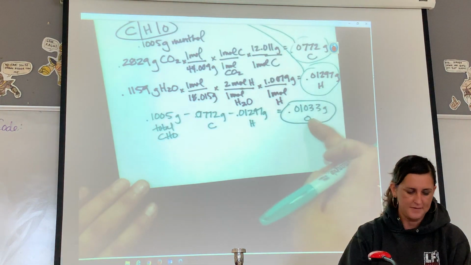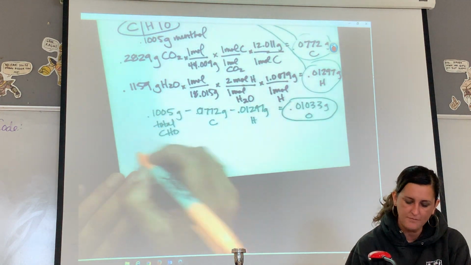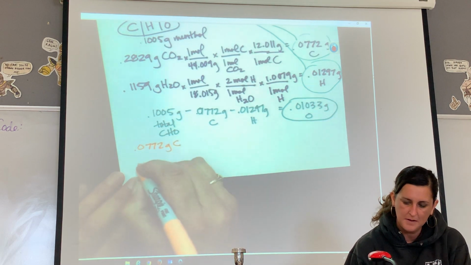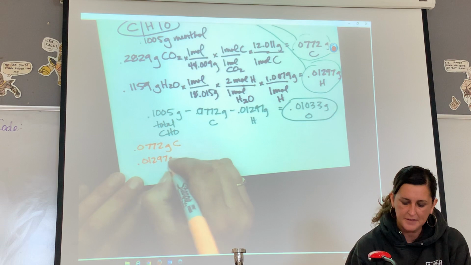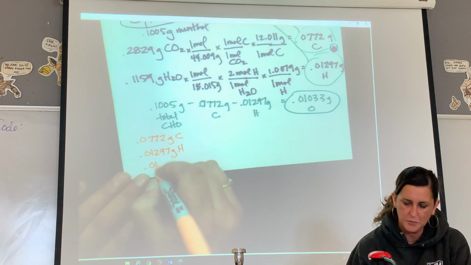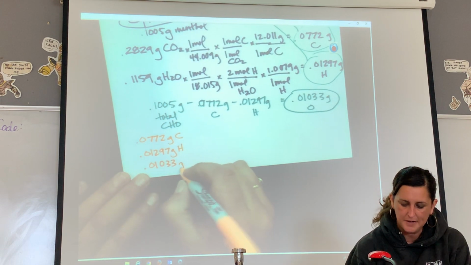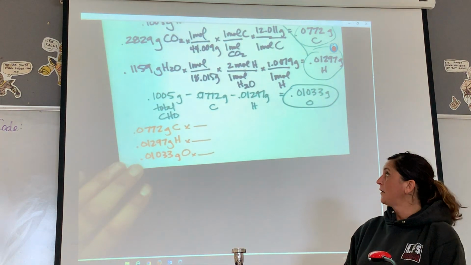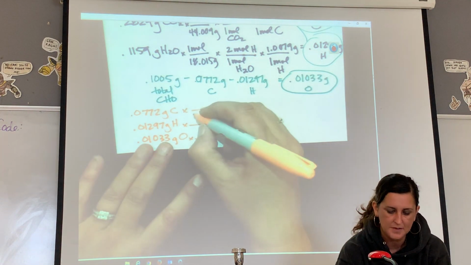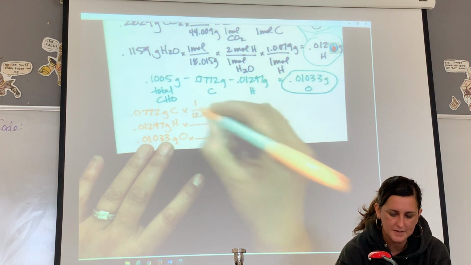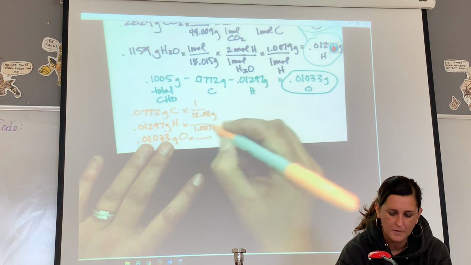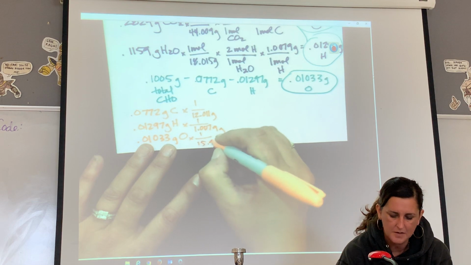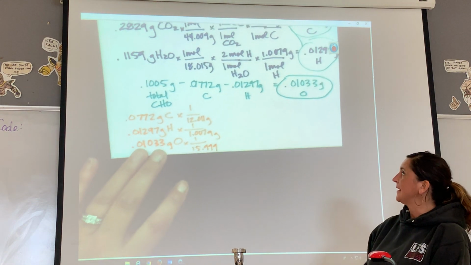So we're going to take all three of these and bring them down. We have 0.0772 grams of carbon, 0.01297 grams of hydrogen, and 0.01033 grams of oxygen. Okay, so we're going to convert to moles, and we need molar masses. And this is oxygen's molar mass of 15.999.